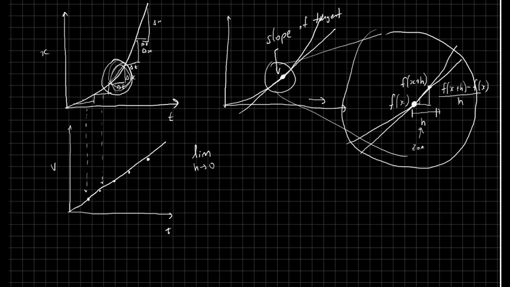We're thinking of smaller and smaller little sections that we calculate the slope over. It's the limit of the rise over the run, which is f of x plus h minus f of x, divided by h.